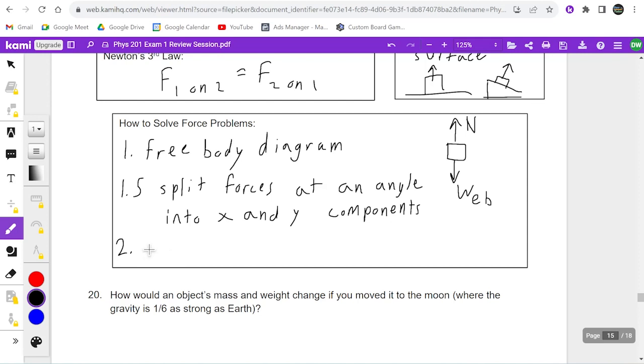And step 2 is the F net x and/or F net y that we just said earlier. And then finally, step 3 is we're going to solve using algebra. If you did steps 1 and 2 right, then step 3 should be a breeze. So the hard part is steps 1 and 2, and step 1.5.